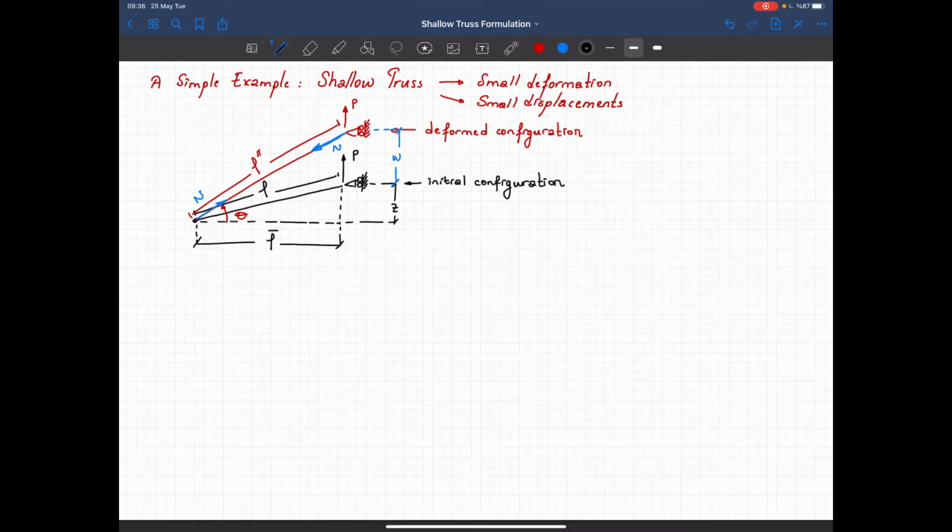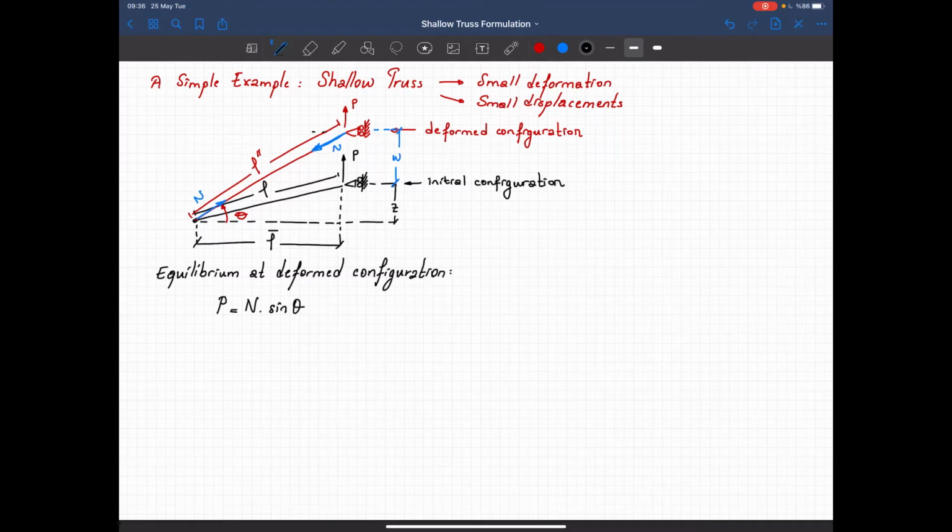So if I write the equilibrium equations at the deformed configuration, I'll have the following equation. P is equal to N times sine theta, right?